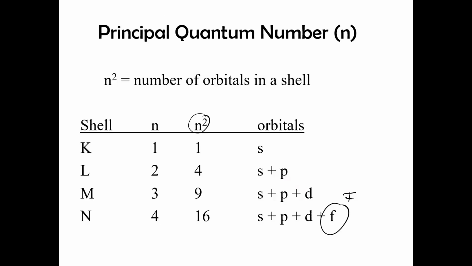And if you wanted to calculate the number of electrons possible to be held in, let's say, the third quantum level, you would do 2n squared, right? So n squared gives you the number of orbitals, and there can be 2 electrons per orbital.